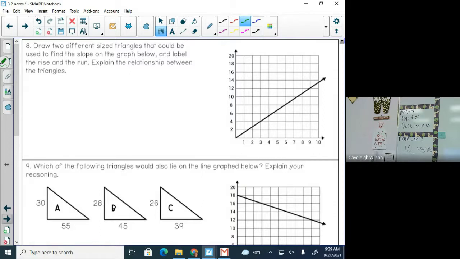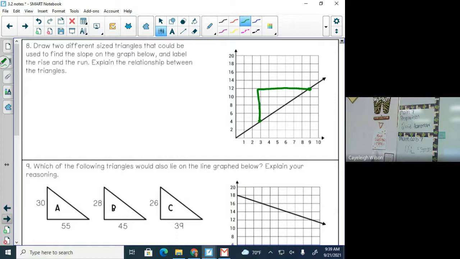All right, who wants to tell me one of the triangles that they drew? Anybody? Or do you want to come here and draw? You don't have to. You can tell me the points. All right, good.